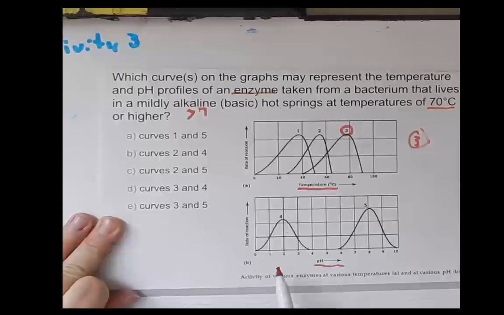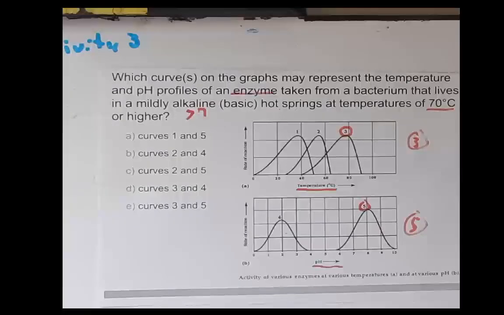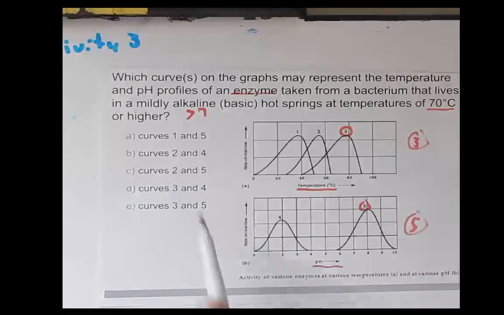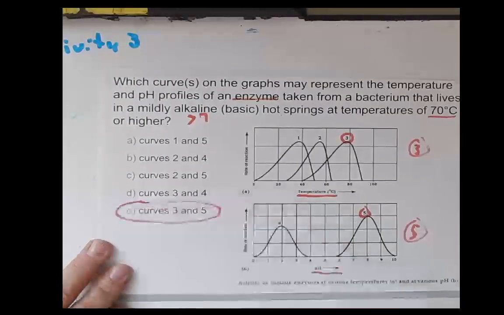Down here, when we take these 2 enzymes and we look at them at different pH optimums, we see that 5 has an optimal pH of around 8. So our enzyme is represented by curves 3 and 5. So of our choices over here, of our answers, the correct answer is going to be E.